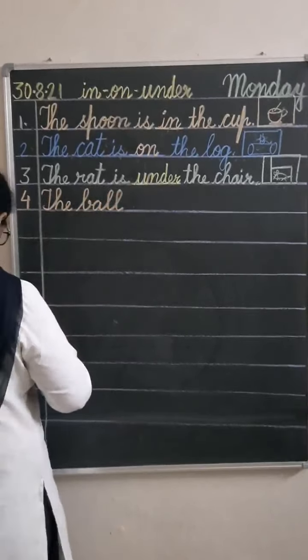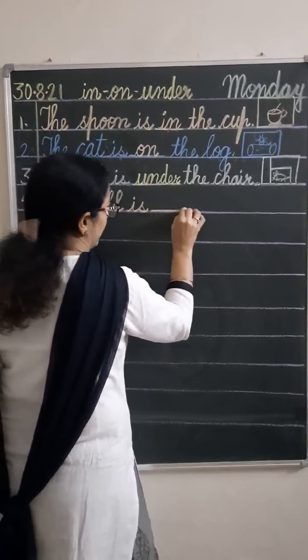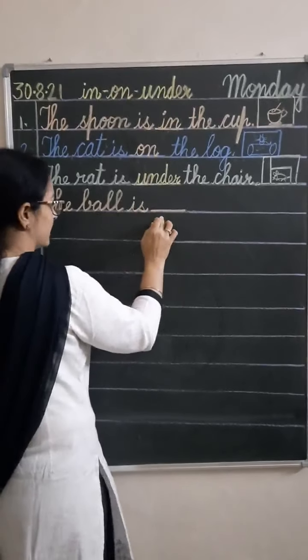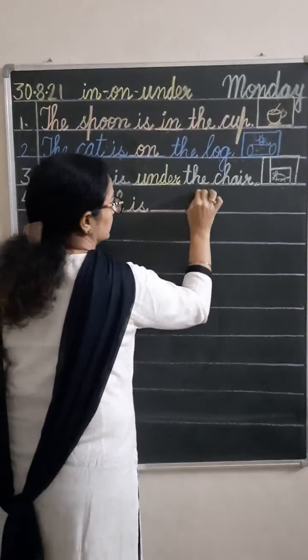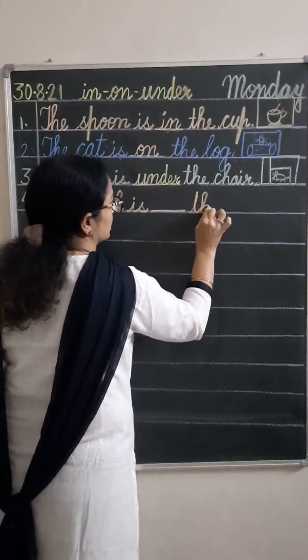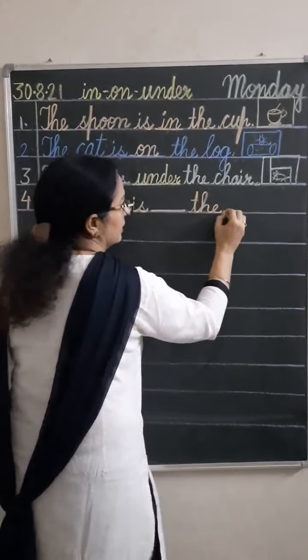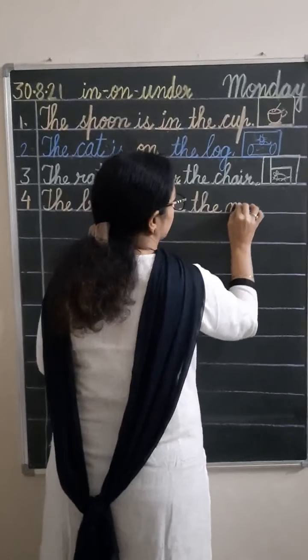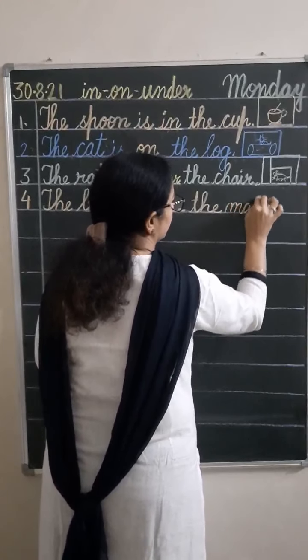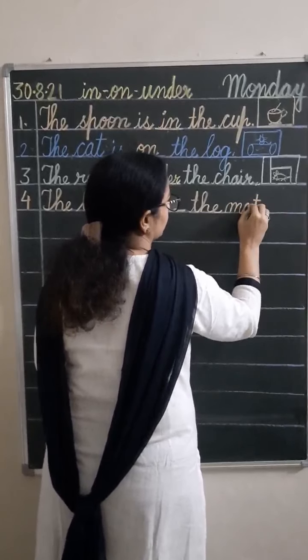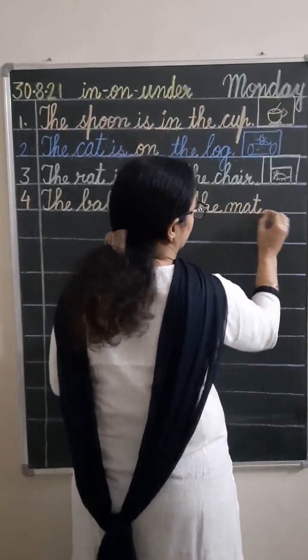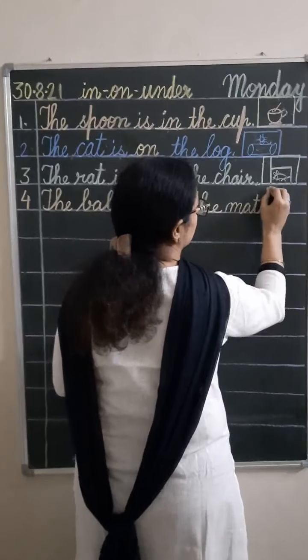Put dot on small i, then here make a blank. The ball is dash the THE, the, then mat, MAT, mat. And here put full stop.